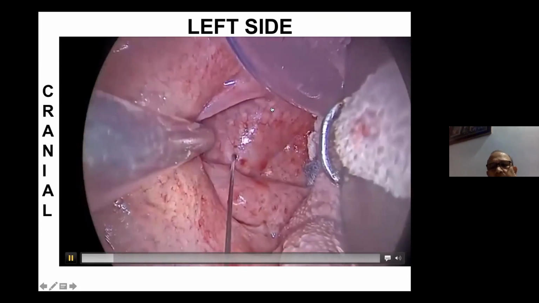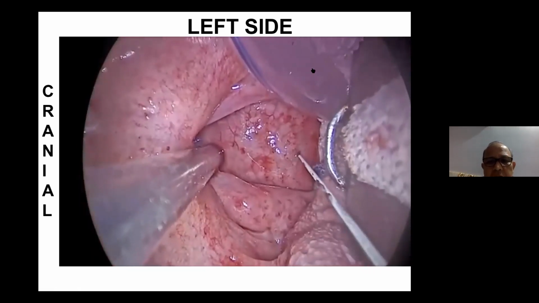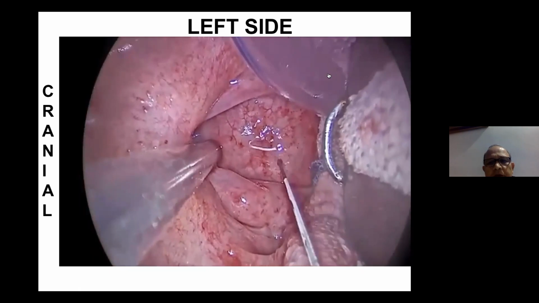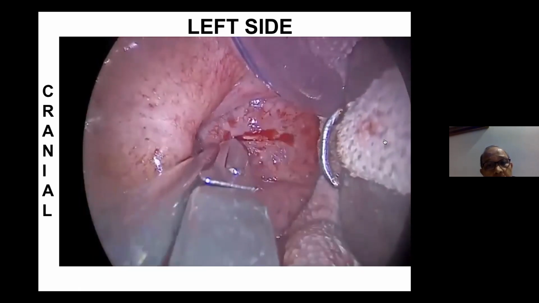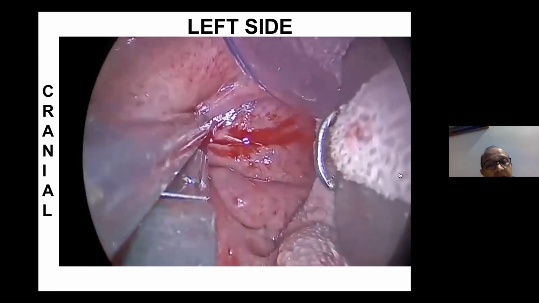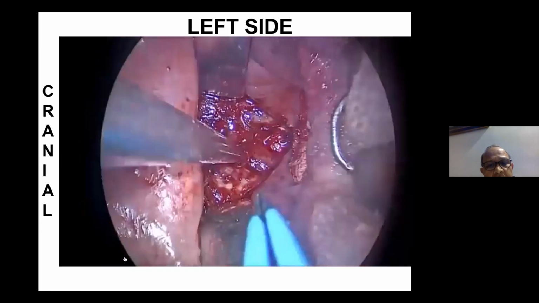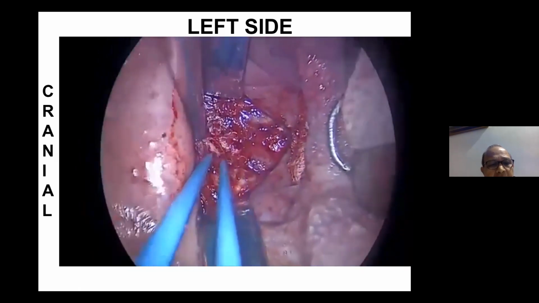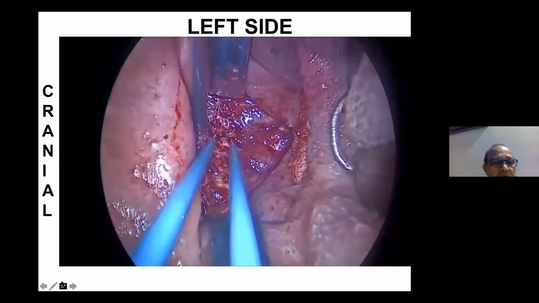So infiltration of the posterior pharyngeal wall. Now using a stab knife, but you should always stay in the midline. You can take help of the naked eye, because otherwise sometimes the telescope is angled and you may not know what is happening.